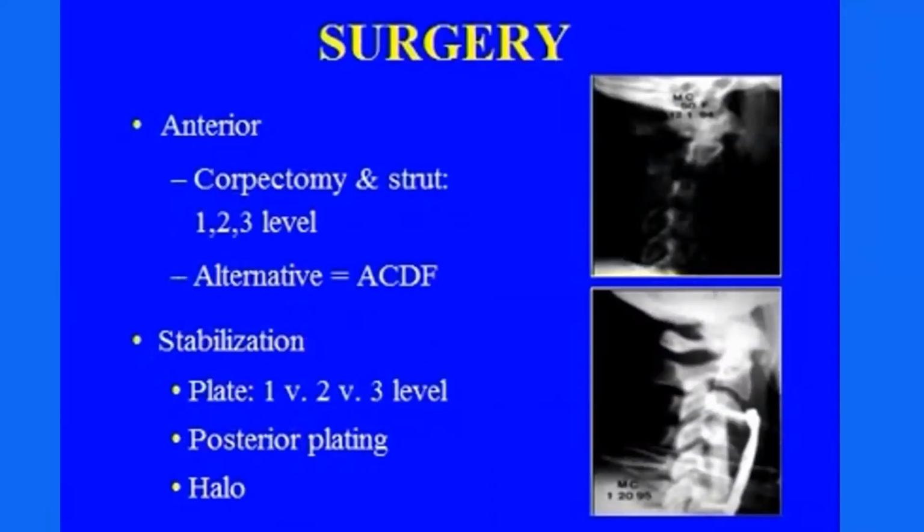Anteriorly, you can do a corpectomy plus a strut. You can do 1, 2, or 3 levels. And of course, do a fusion. I've done many 3-level cases, but you have to bear the consequences that the incidence of pseudoarthrosis is higher.